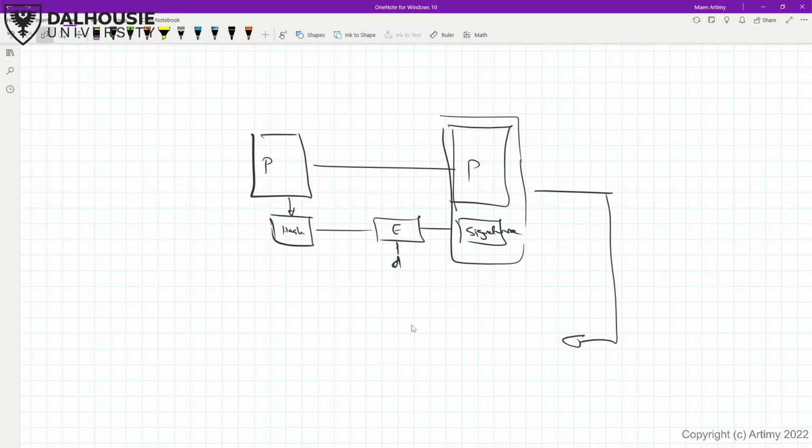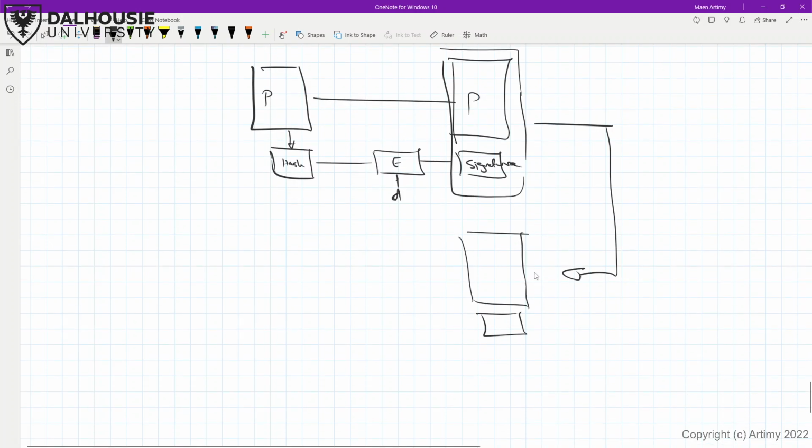So the receiver takes the plain text and the signature, right? This is the encrypted message. And they generate the hash from it. This is the signature. This is the hash.